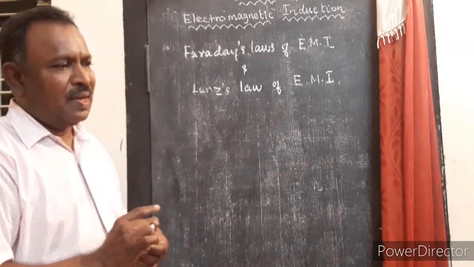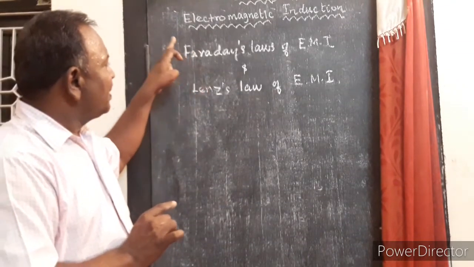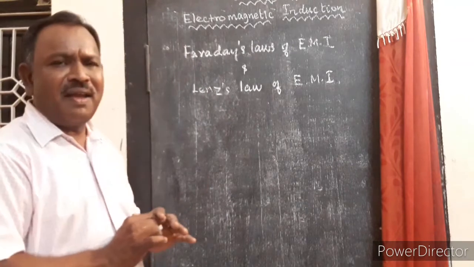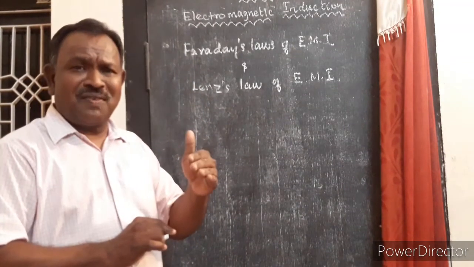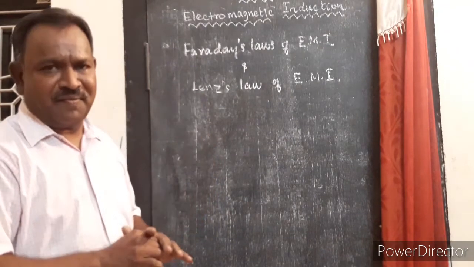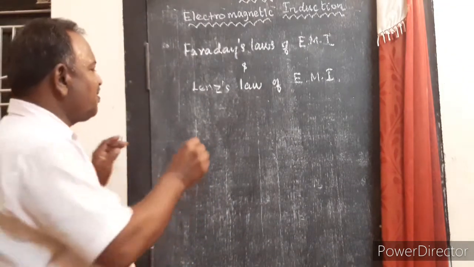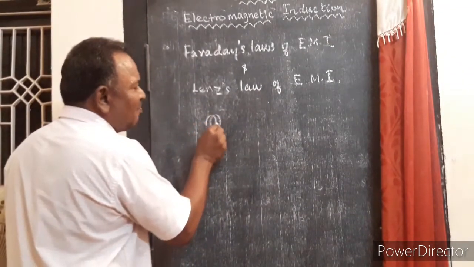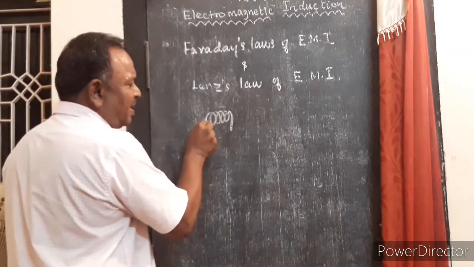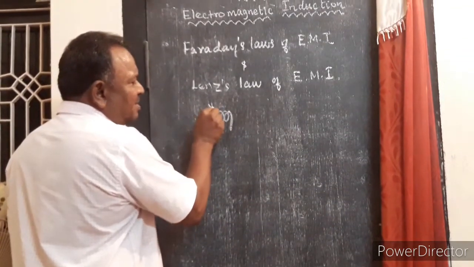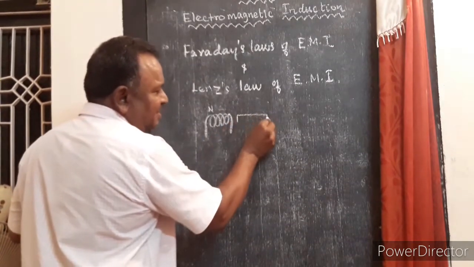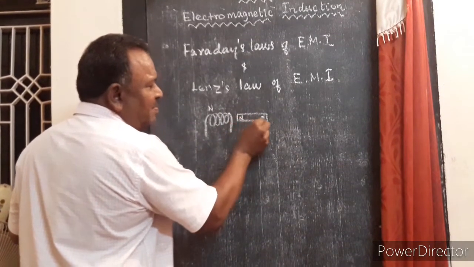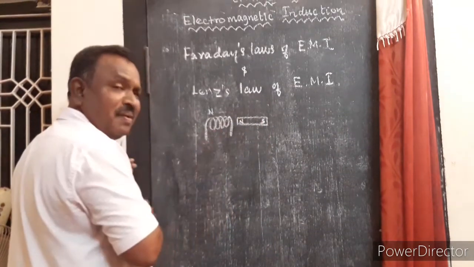Combining Lenz's law and Faraday's law, we can derive an expression for the induced EMF. Suppose we have a closely wound coil of wire, and let this coil consist of n turns. This is the magnet. We are moving the magnet close and far away.